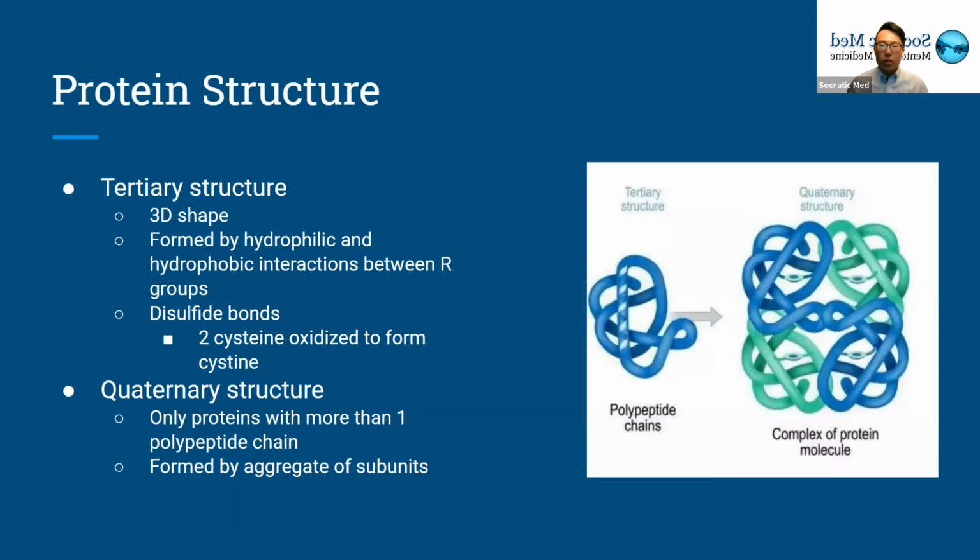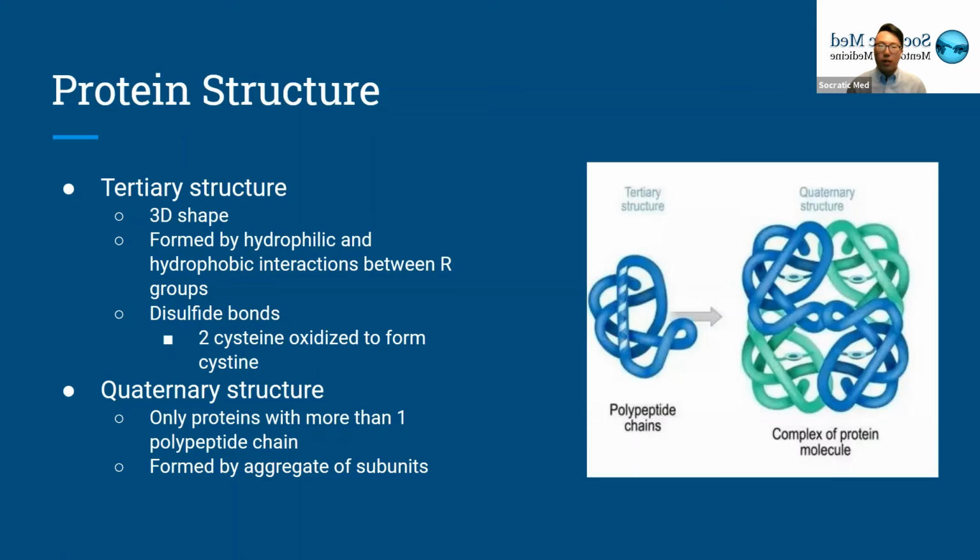And then tertiary structure. This tertiary structure also adds to the 3D shape. It is formed by hydrophilic and hydrophobic interactions between the R groups. Each amino acid has a different R group, the side chain that's attached to it. The side chains may be hydrophilic, in which case they will be on the outside and form hydrophilic interactions, while hydrophobic groups don't like water, so they'll more likely be on the inside of the tertiary structure.